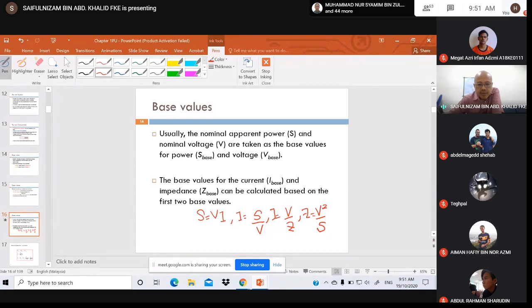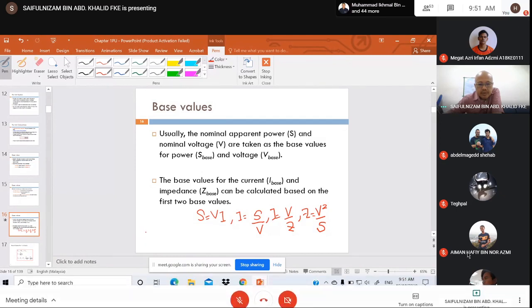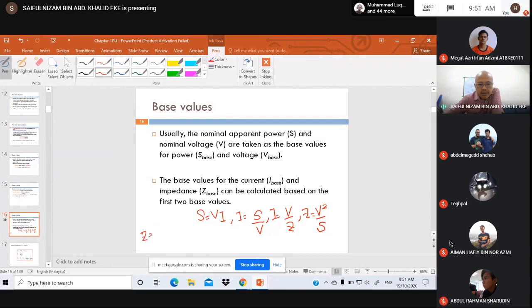The impedance is the square of the voltage divided by the apparent power. Z equal to V over I, right?